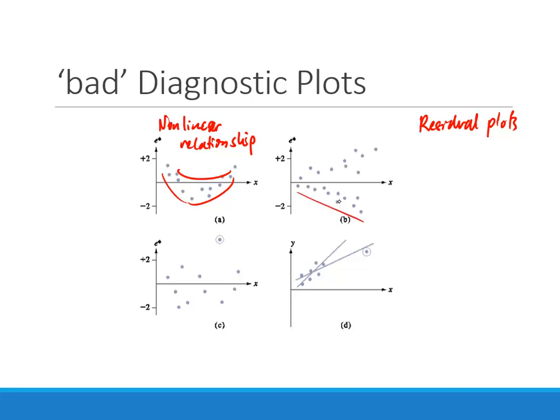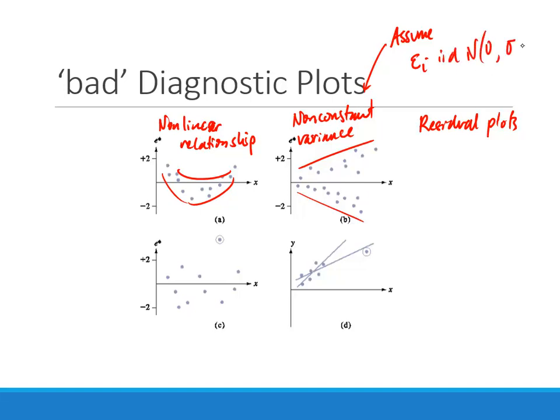If you see a residual plot that looks like this, where it increases as your x variable increases, this tells you that you have a non-constant variance. So we assume the residual terms are IID normal with mean 0 and variance sigma squared.